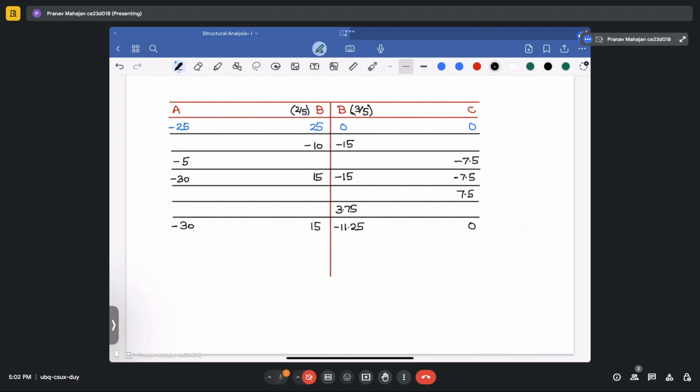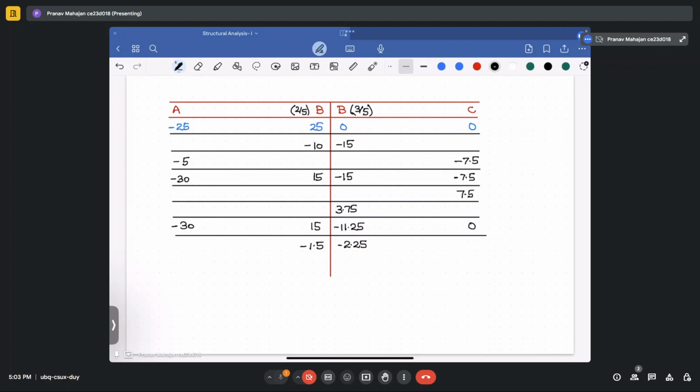Now we have in central part a difference of around 3.75, and this 3.75 we have to distribute based upon the distribution factors. So how we will distribute? So we will distribute it as minus 1.5 and minus 2.25. Okay.